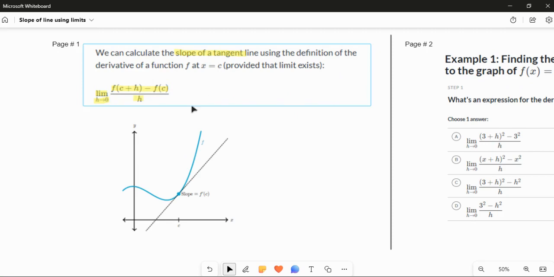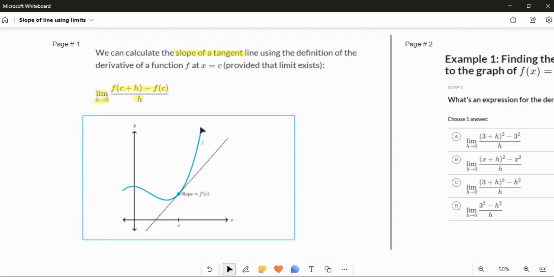That'll be the expression by which we need to find the limit. Notice the limit of the expression as h approaches 0. Why do we do it with a 0? Well, simply because we cannot divide by 0. So if we approach this value of 0, by finding the limit, we're finding the slope of the tangent line.